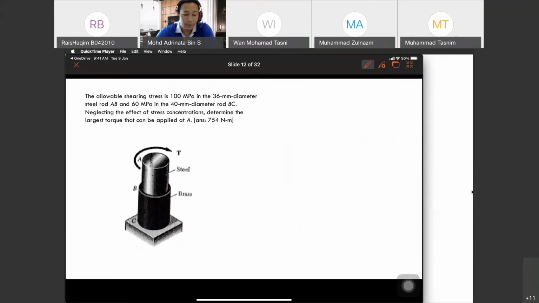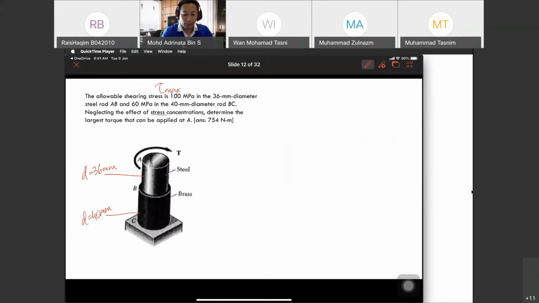The allowable shearing stress is 100 megapascal. So ini adalah tau max. In the 30 mm diameter steel rod AB di 36 mm, 60 megapascal in the 40 mm diameter rod BC di 40 mm.